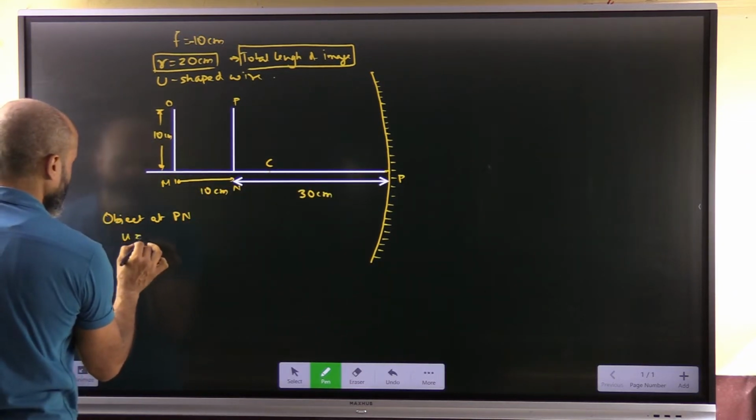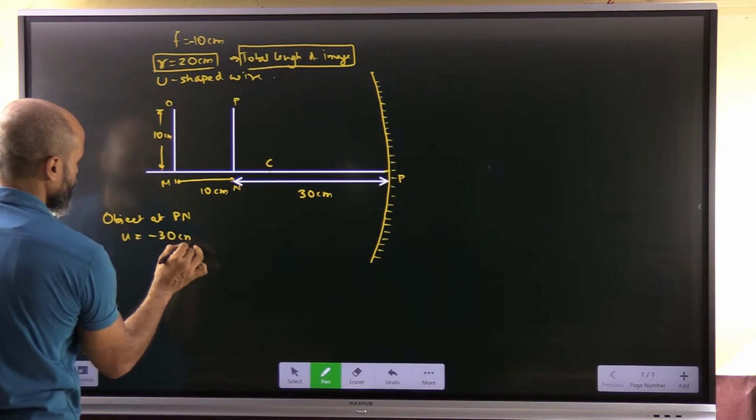For the object at PN, u will be equal to minus 30 centimeter.